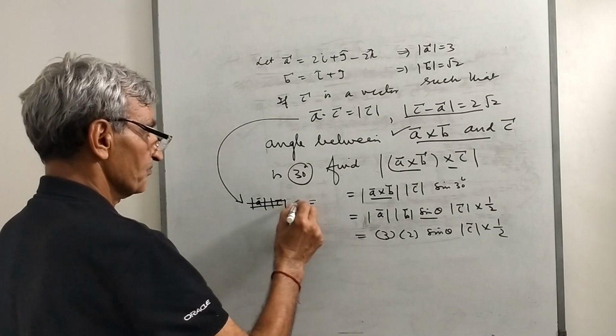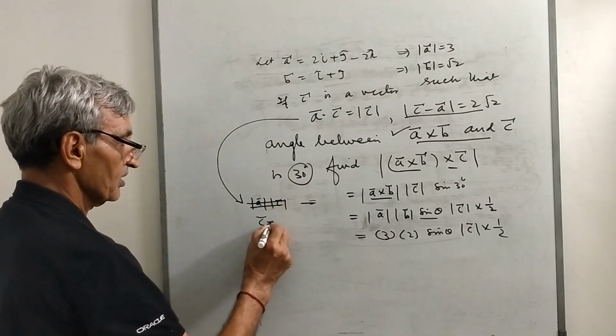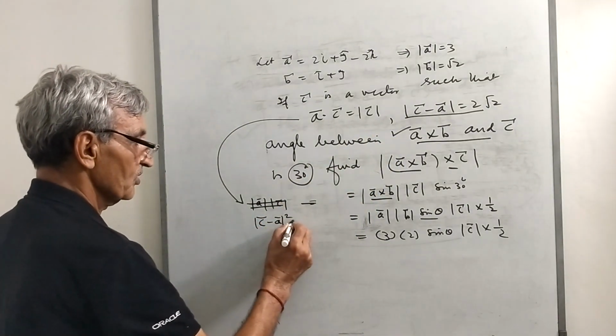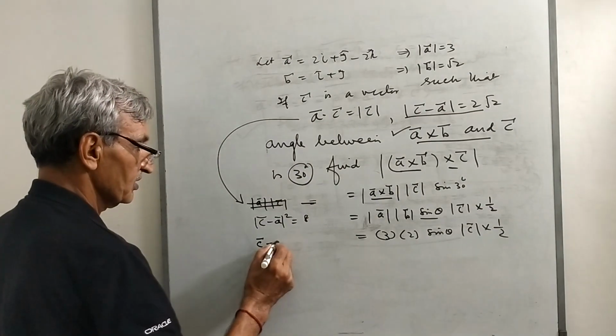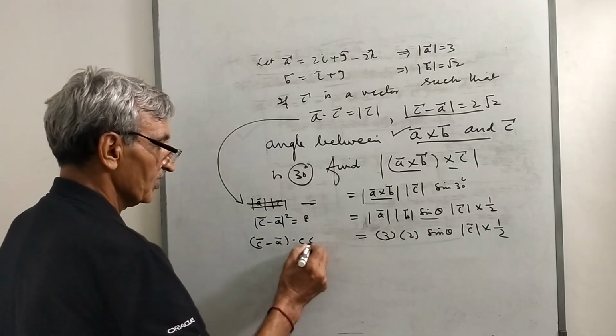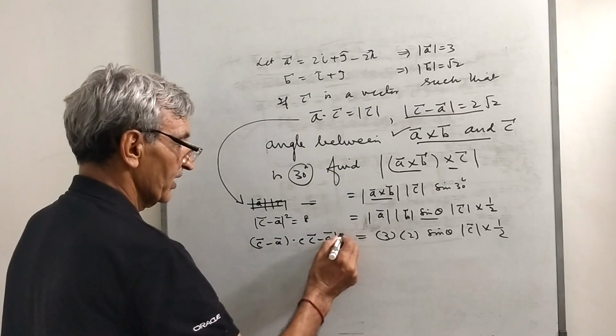Let me just work this out. A dot C equals magnitude of C, and magnitude of A squared is equal to 9. Magnitude of C minus A, squared, is equal to 8, so C squared minus twice A dot C plus magnitude of A squared is equal to 8.